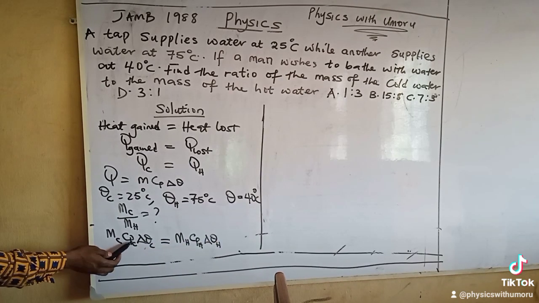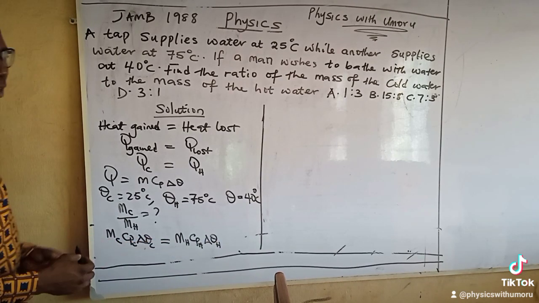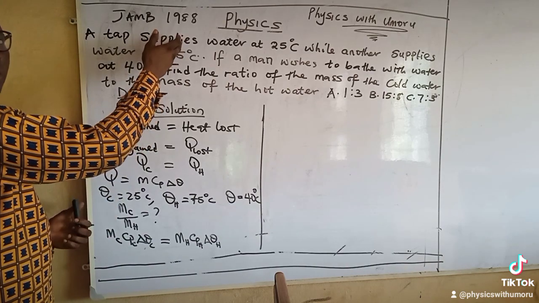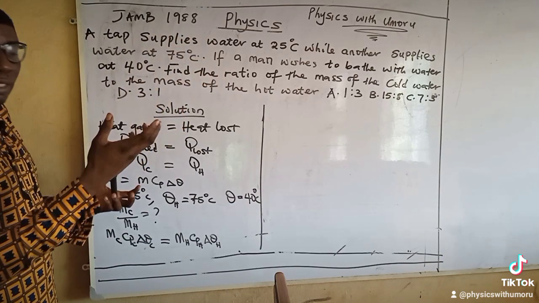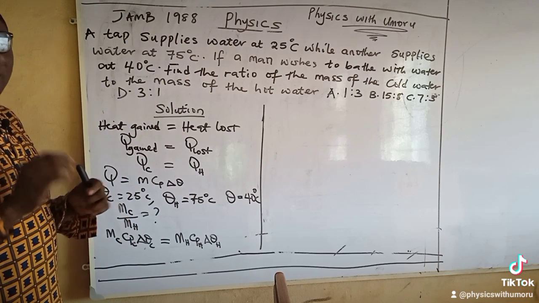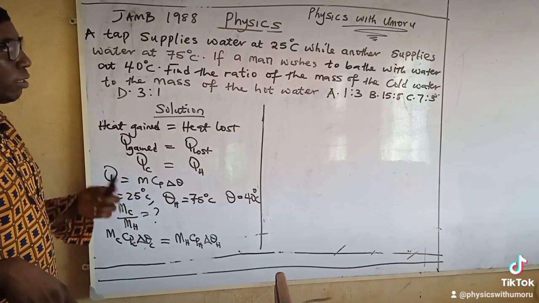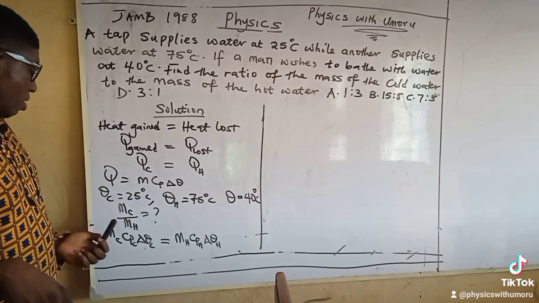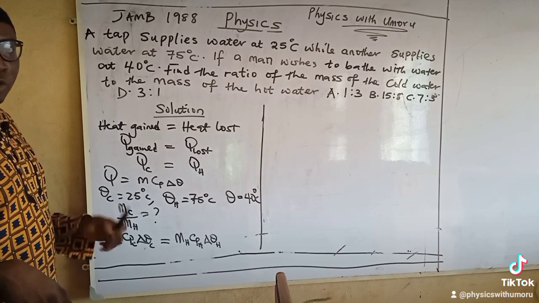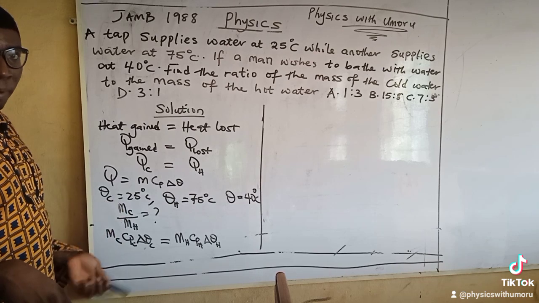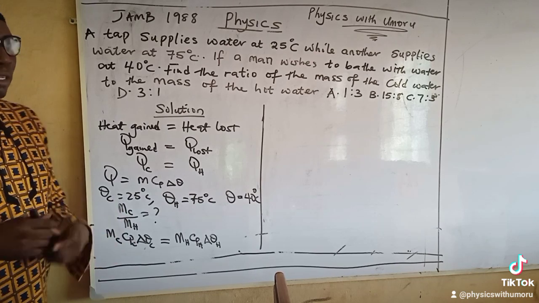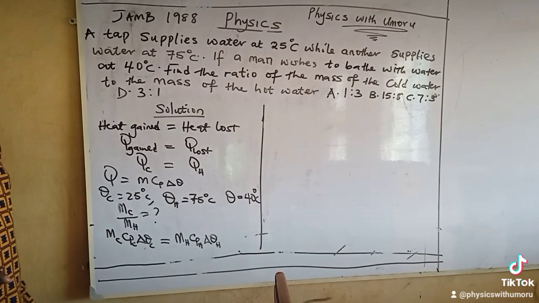Now you notice something about specific heat capacity. Since both the cold one and the hot one are water, water has a constant specific heat capacity. The specific heat capacity of water is 4,200 joule per kilogram per Kelvin, or 4.2 joule per gram per Kelvin.